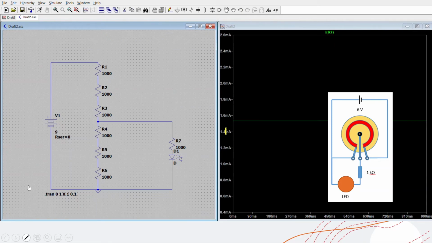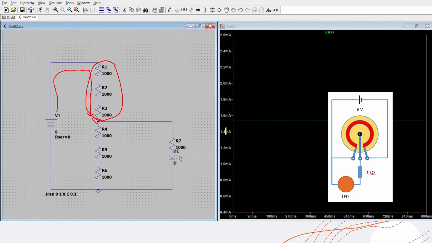So what happened here? Looking at our circuit now, we have made a series parallel circuit. In our main line, we have added resistance, and that is 3,000 ohms of resistance in the main line.